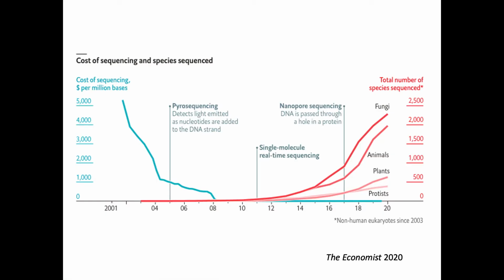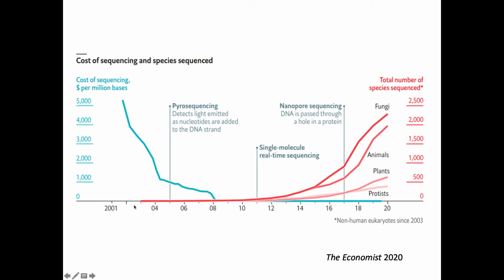If we look at the relationship with the cost of sequencing, this is a chart from an article published in The Economist in 2020. You can see in blue the decrease in the cost of sequencing, with a few technological advancements here: pyrosequencing, single molecule real-time sequencing, nanopore sequencing, all this other stuff dropping the cost of sequencing.